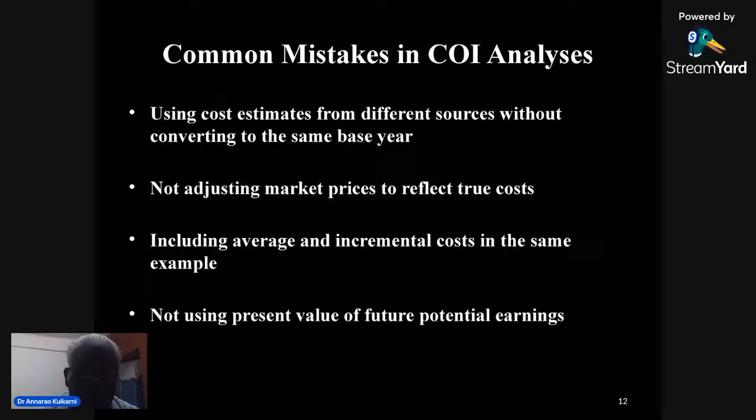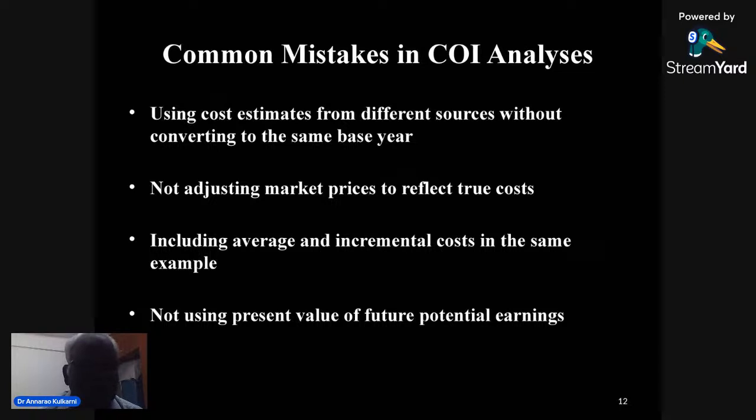For example, if there is a monopoly in the market, the price may not reflect the true cost because there is no competition, and the prices will be hiked. Or if the government is giving a subsidy to produce a particular service or good, then it will be cheaper than the actual cost. The price will be less than the actual cost. So we have to adjust for these things when we are finding out the real cost.